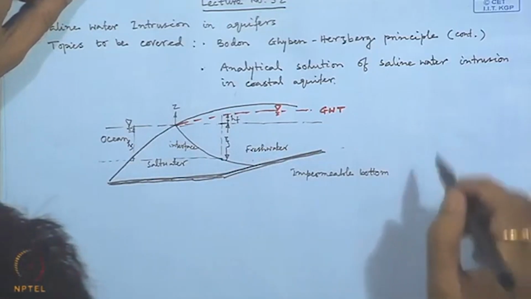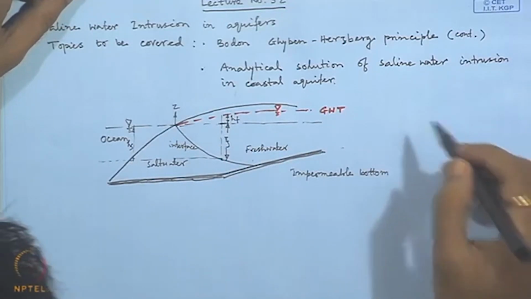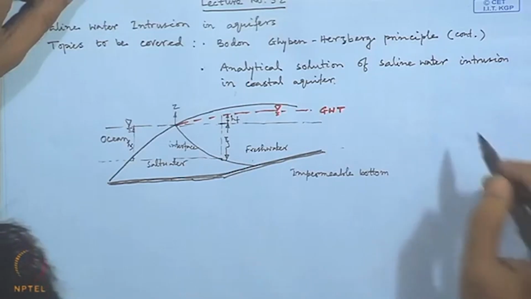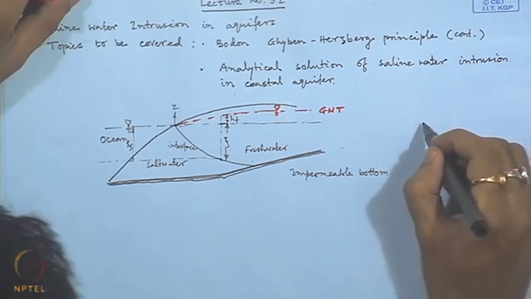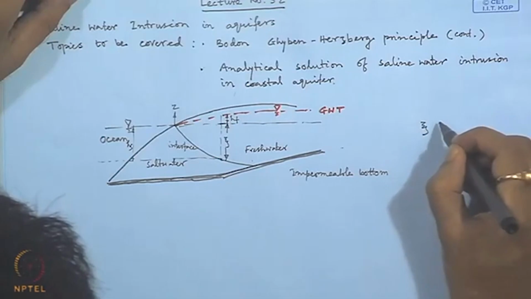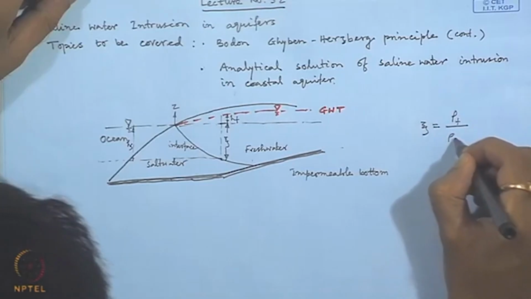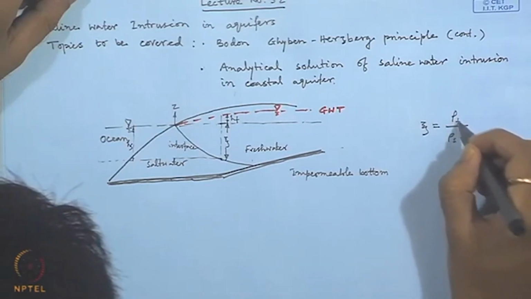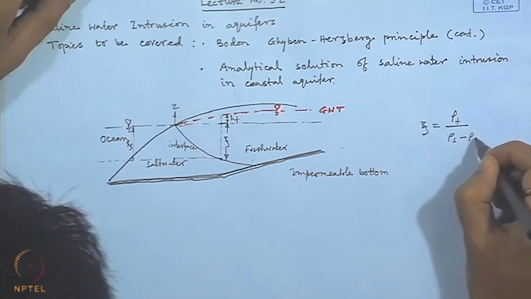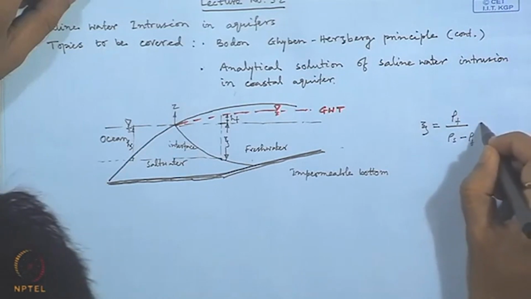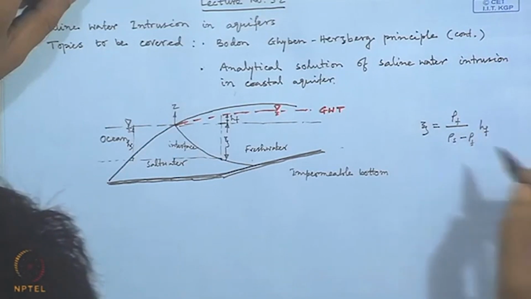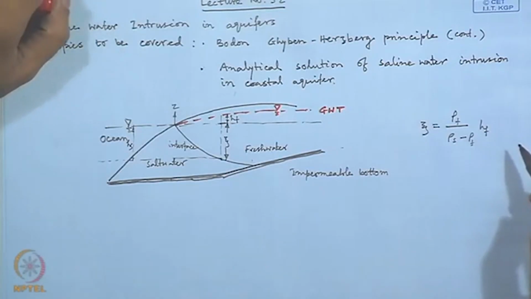We have seen that with our assumption, that is the Ghyben-Herzberg principle, we can express this xi in terms of HF as xi equals rho f by rho s minus rho f into HF.